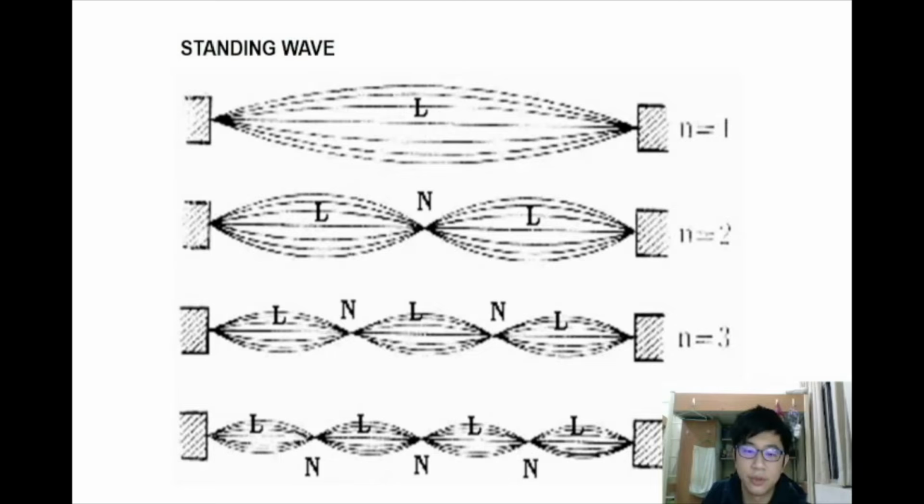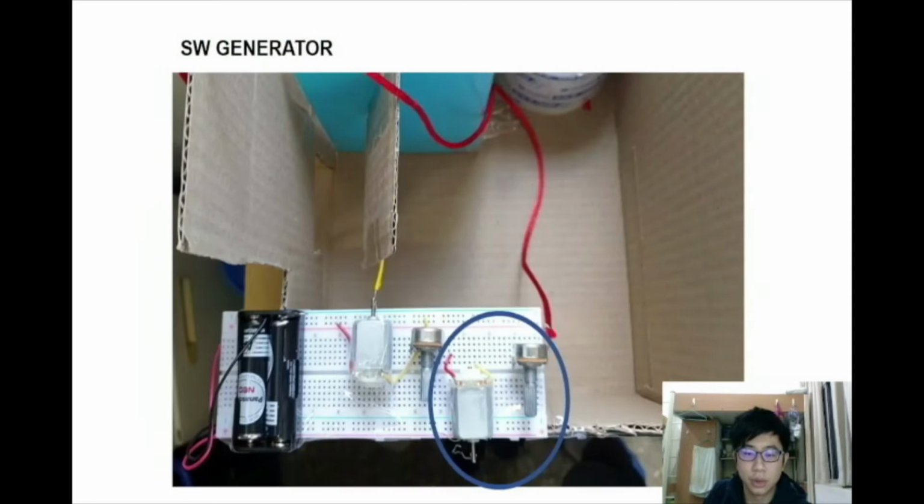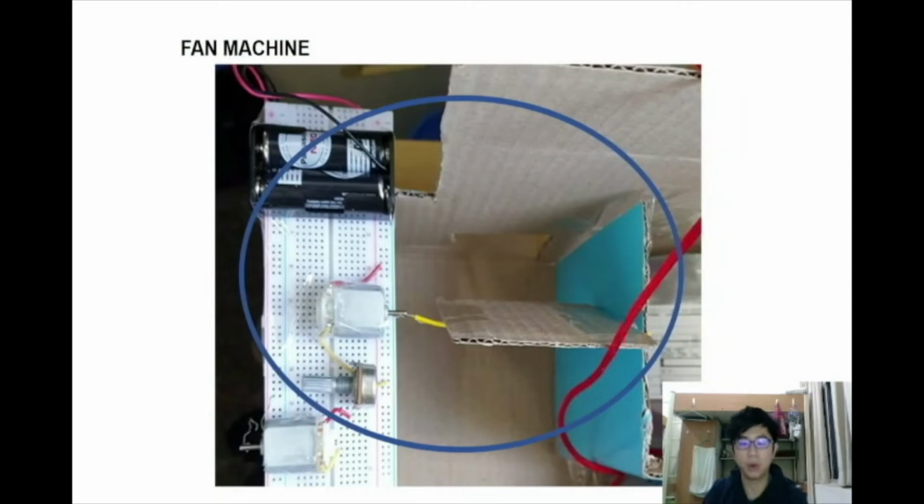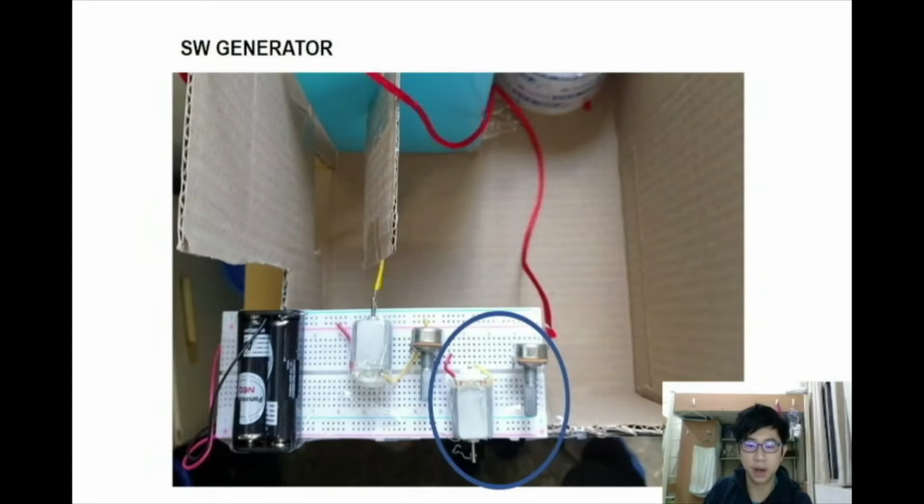And also we made a fence machine to cooperate with the photoresistor to generate periodic waves. And our machine is like this. And this is in the beginning we made a standing wave machine.